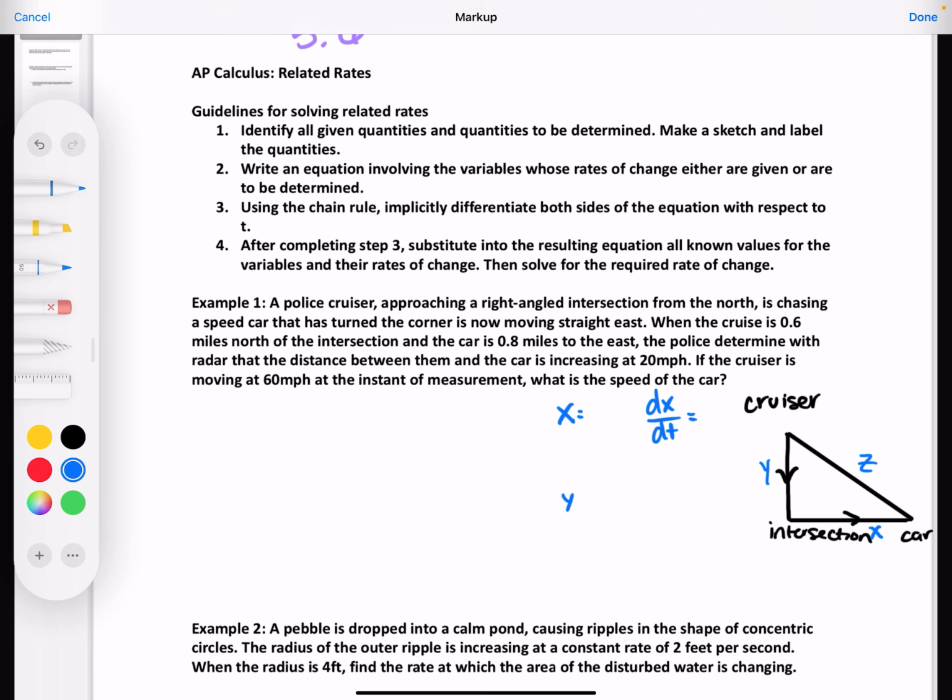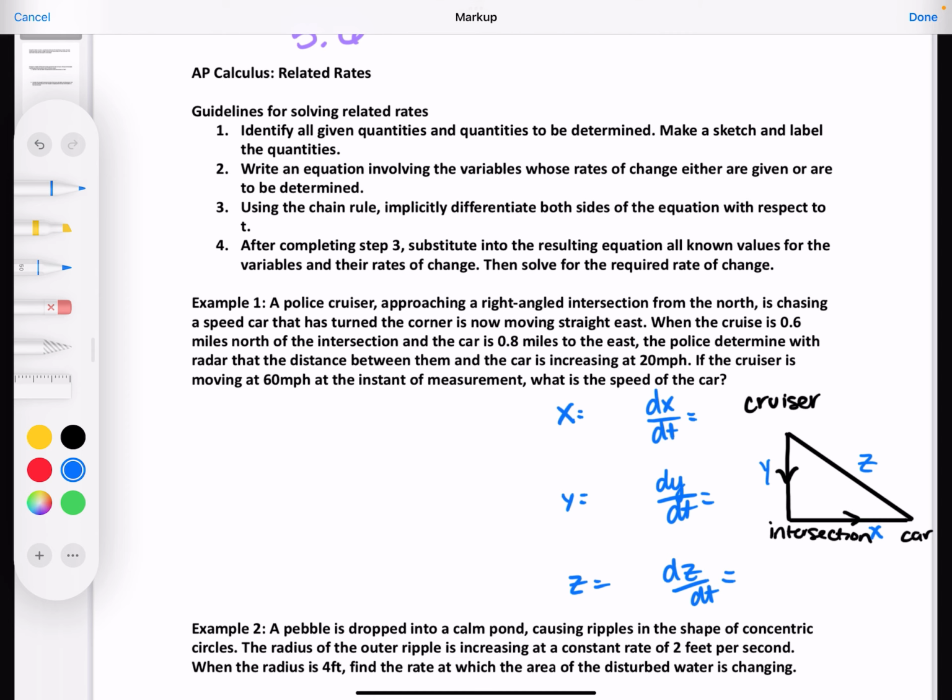And I'll do y and dy dt. And then z and dz dt. Then you'll fill in the values that we know, and then we'll have to find some of the other values.